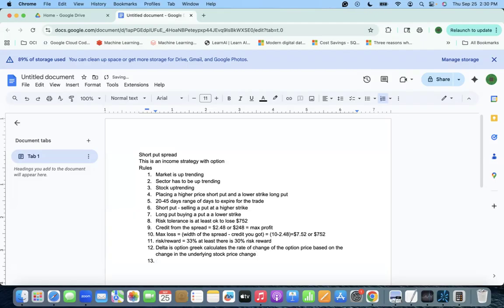Think of it like this: if I increase my driving speed by a mile per hour, how much faster or slower can I reach my destination, right? So delta, in mathematical terms, is the first derivative of the option price with respect to the stock price and all those things. This is not a calculus session, so I'm not getting into that. So delta is the most important, right?